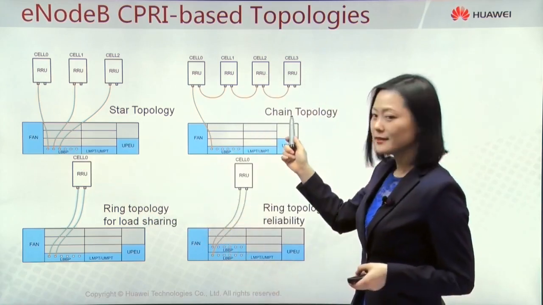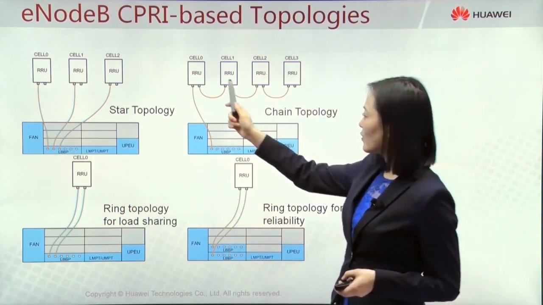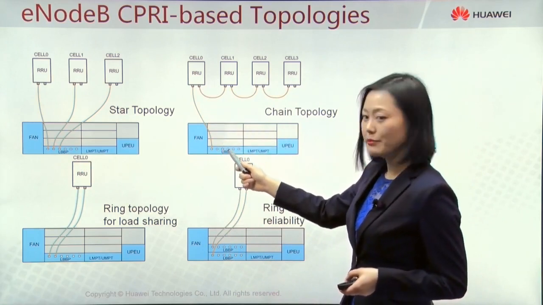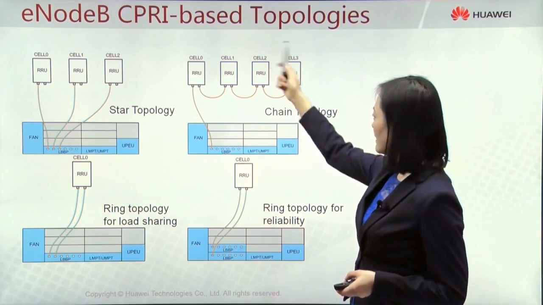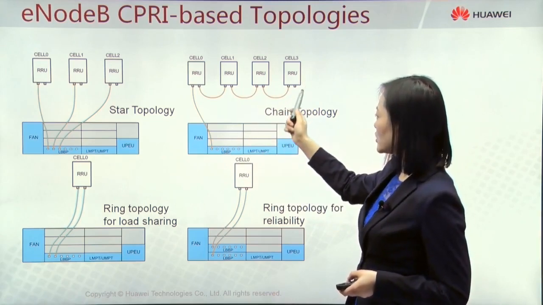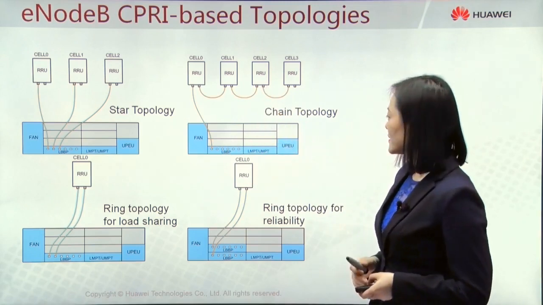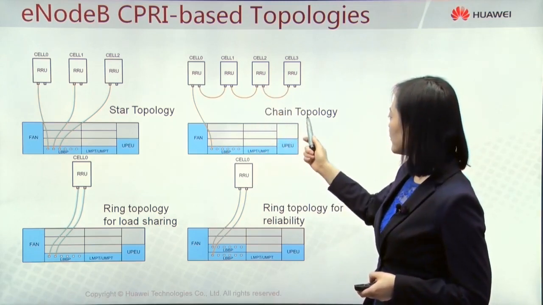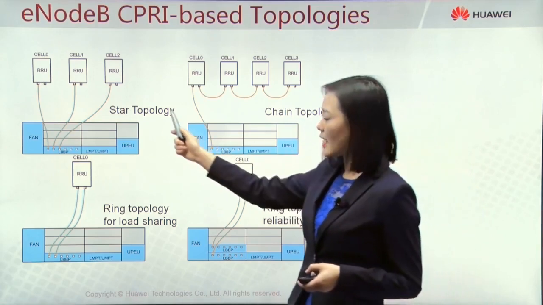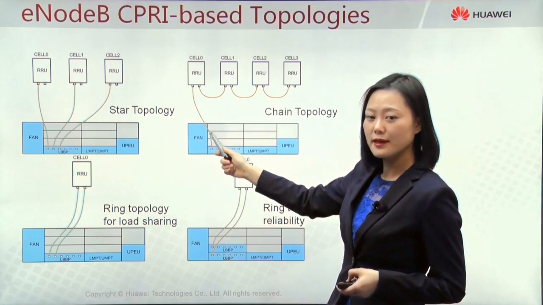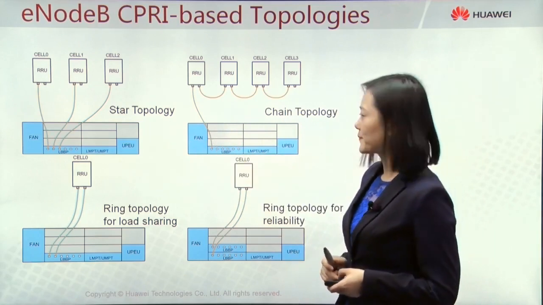And in this train topology, only the first RRU connects with the BBP CPRI port, and the other RRUs only connect with the up-level RRU. So this type of topology, compared with star topology, can save CPRI resource, but has less reliability.